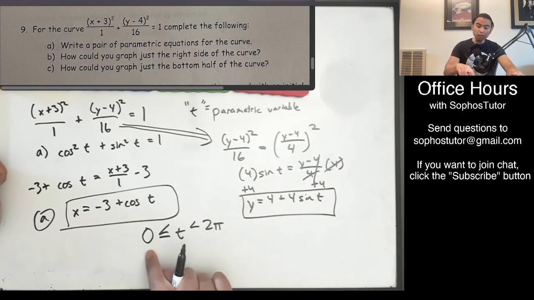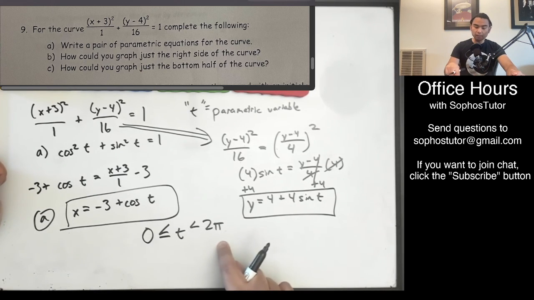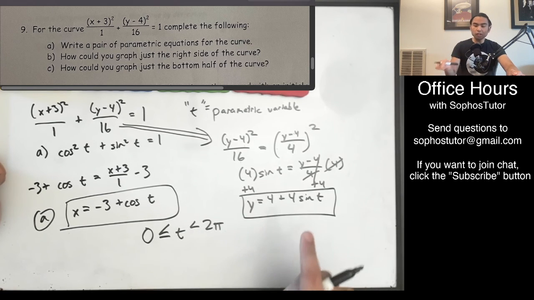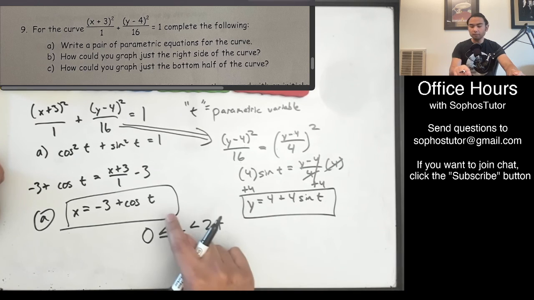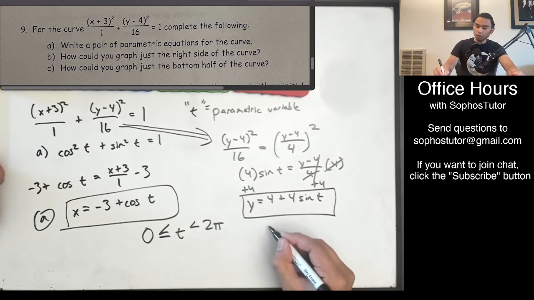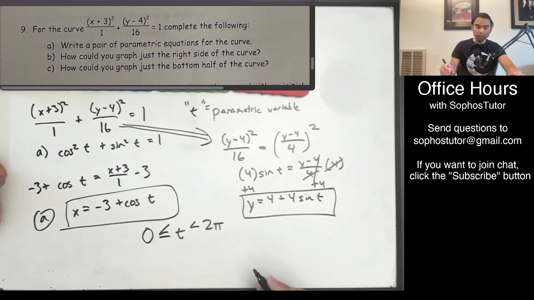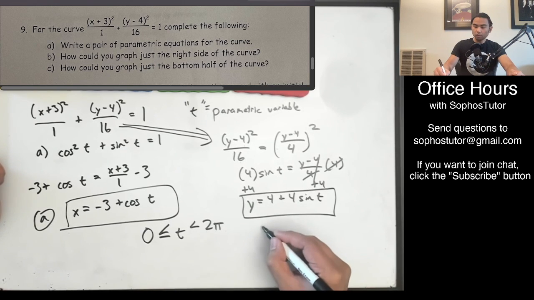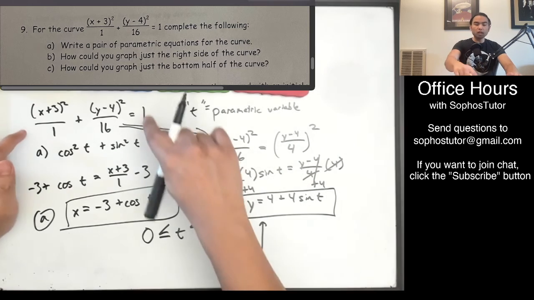Now, if we used those terms, this limitation here is going to create the ellipse if we followed these parametric equations together. So let's just draw this parametric equation first. We can draw this based off of the original equation.